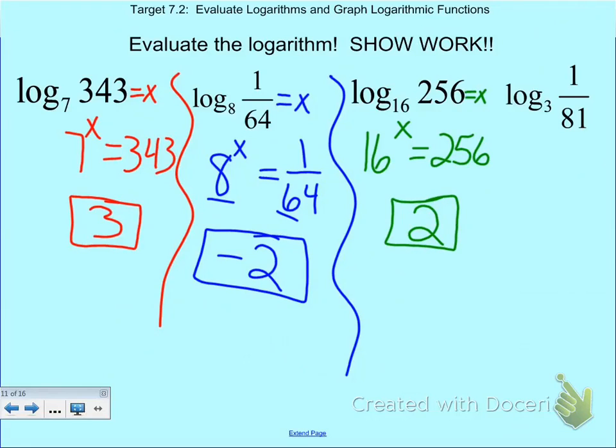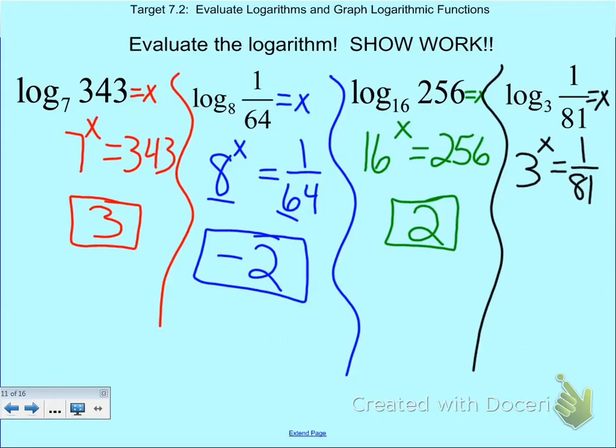And then our last one is log base 3 of 1 over 81. So we set it equal to x. 3 to the x power equals 1 over 81. Again, it went from a whole number to a fraction. So what does that mean? What does it mean?